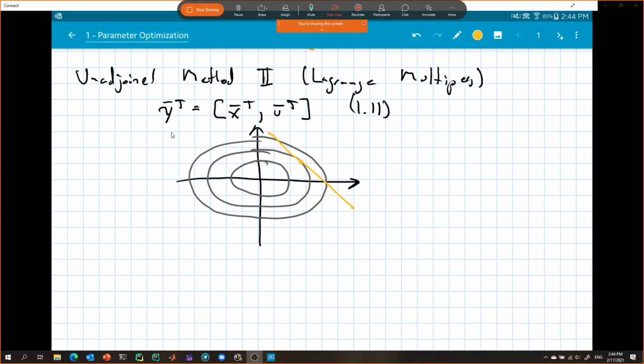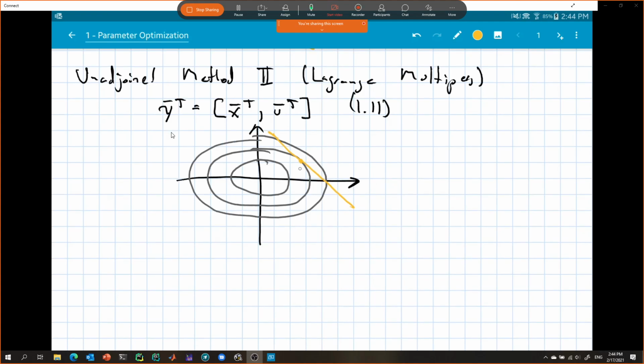Note that this point here is tangent, so these two contours are tangent to each other. So we have some gradient of F, and then some gradient of J.